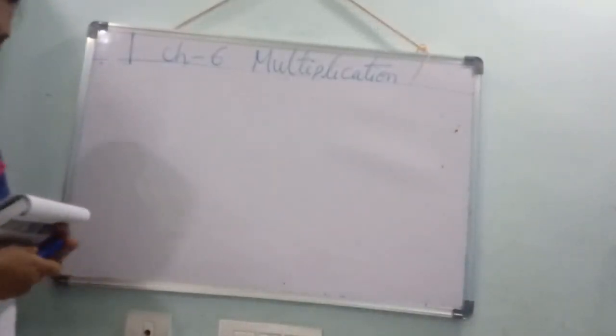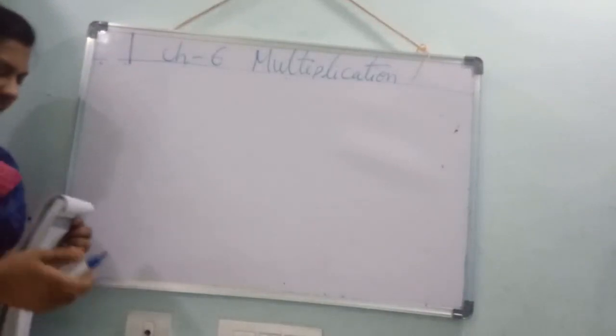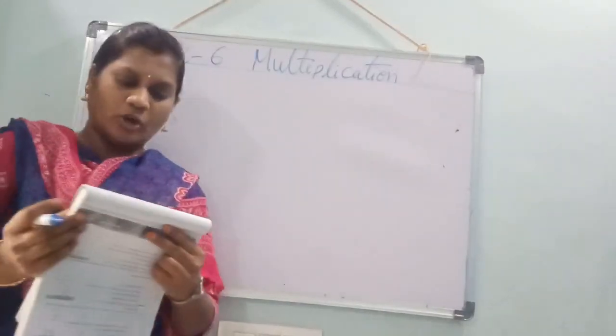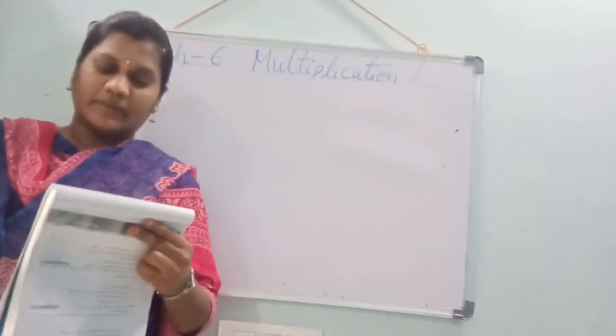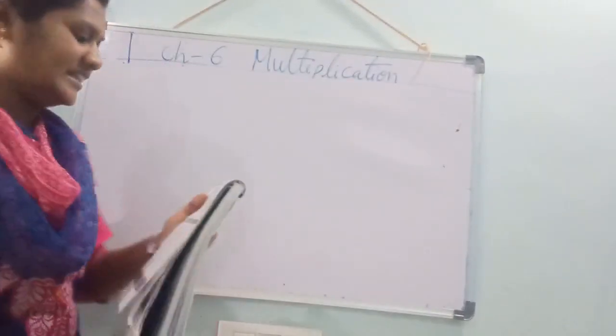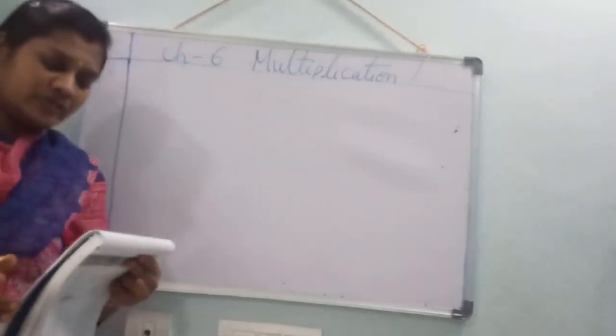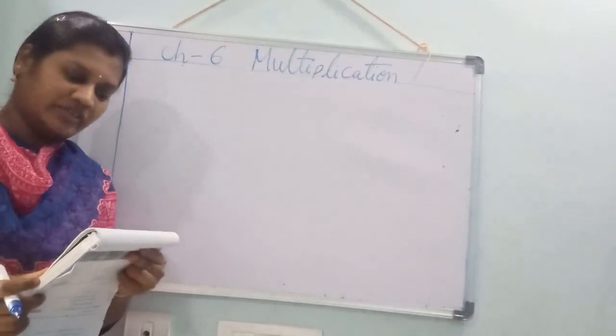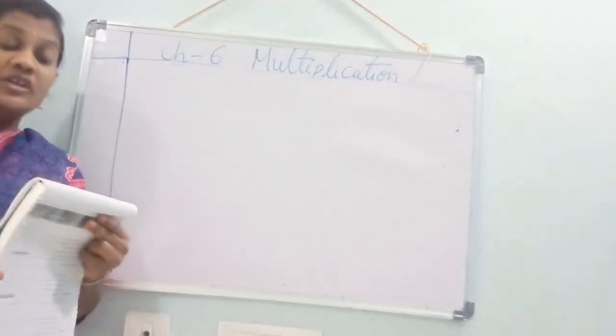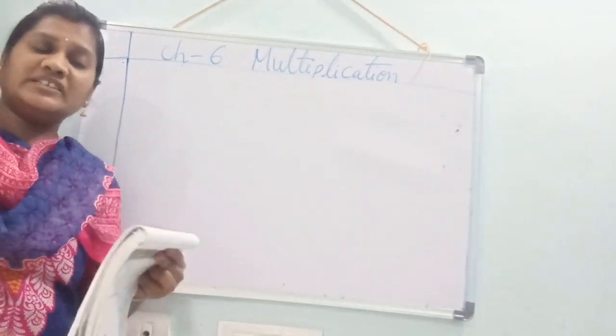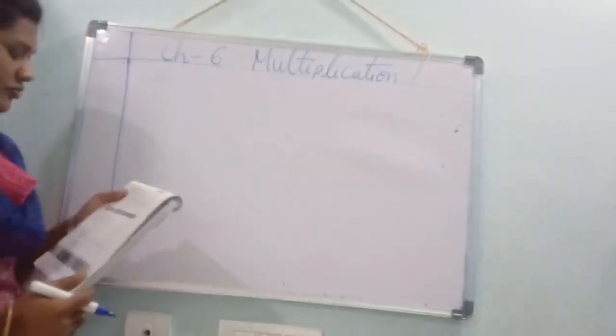A container can hold 720 spoons. How many spoons can be kept in 12 such containers? One container holds how many spoons? 720 spoons. But 12 such containers, how many spoons will it hold? You should find.